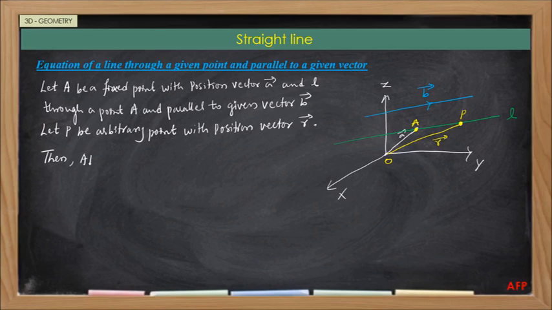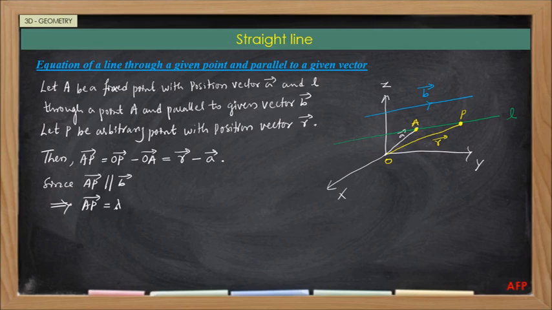Then vector AP is equal to OP minus OA. OP is the position vector of point P and OA is the position vector of point A. Since vector AP is parallel to vector b, we can write AP is equal to lambda times b by parallelism, as we have studied in vectors.